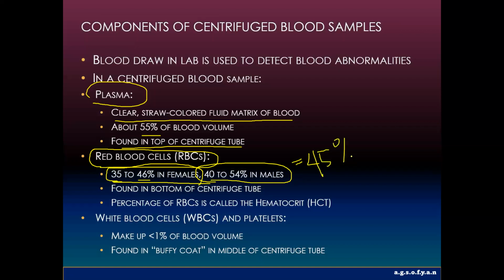This is why 45% is the average number for these formed elements, especially the red blood cells. So as you see, 55% is plasma and 45% is this part. The rest will be the white blood cells and platelets in this lower part, which is less than 1% of the blood volume because 99% is already the red blood cells.